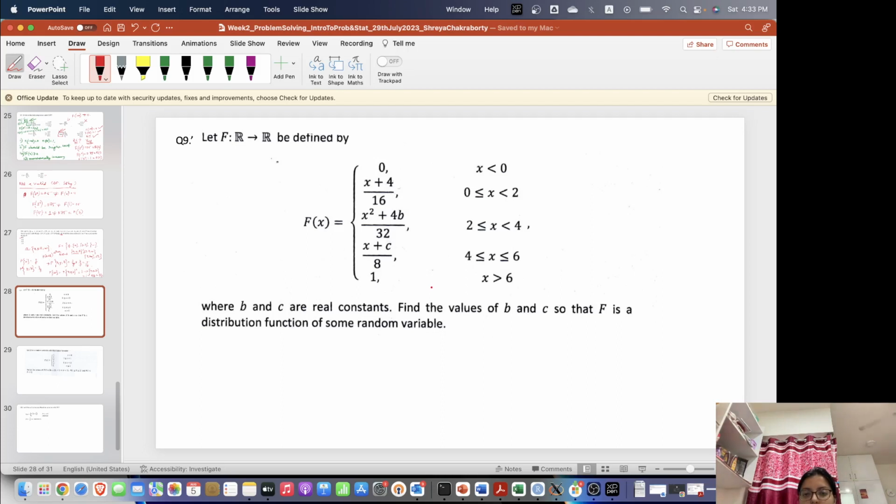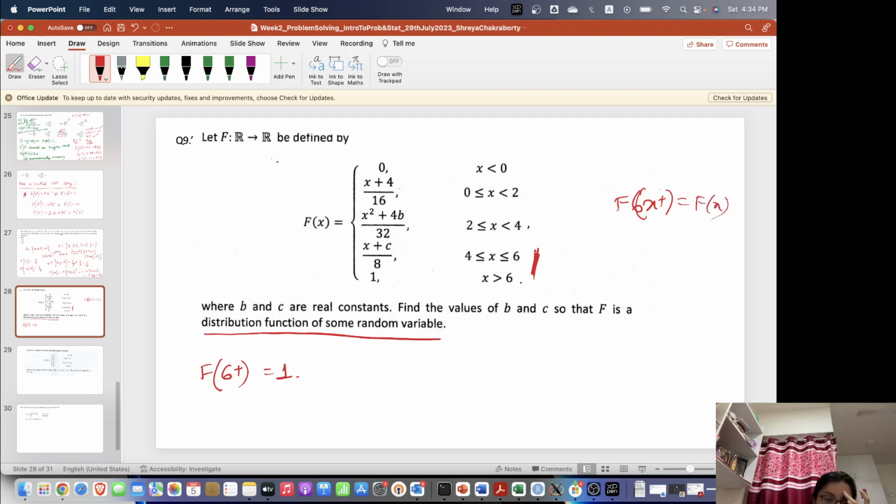Fine. So here we'll start from the last one. So f of 6 plus is 1. This is a distribution function of some random variable. This means that f of x plus should be f of x.